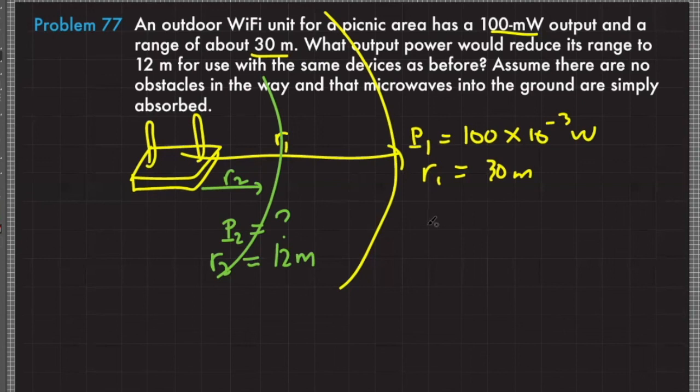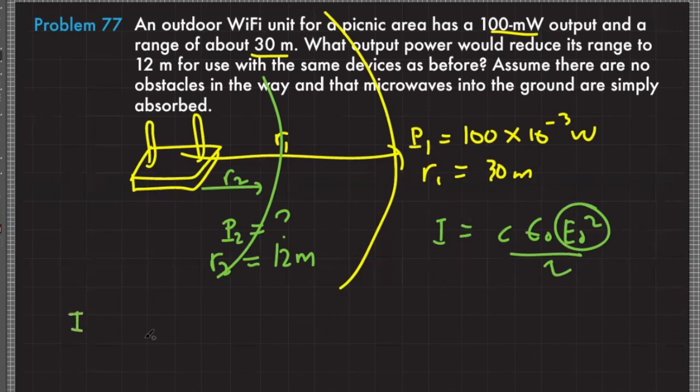Recall that in the equation of intensity, I equals c epsilon naught E sub 0 squared over 2, there's no change in the electric field amplitude because it wasn't mentioned that there's a change in the amplitude of either electric field or magnetic field. So intensity actually is still the same.